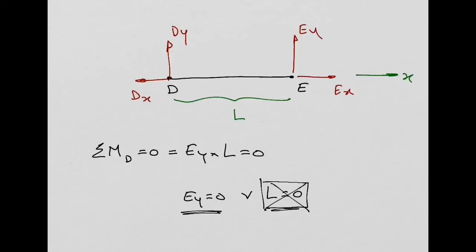So this reaction here, Ey, cannot exist in a strut. What about Dy? Well, if I do the same analysis, but now with the summation of moments about point E equal to 0, I will conclude that Dy also needs to be equal to 0. So this Dy cannot exist as well.